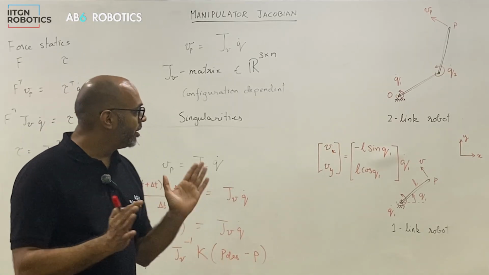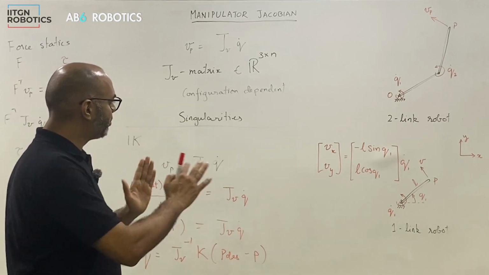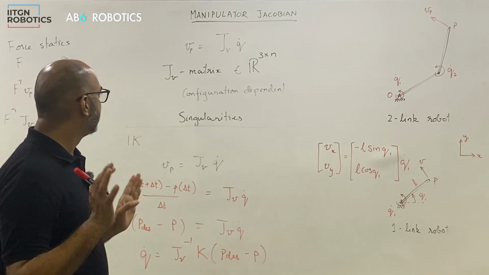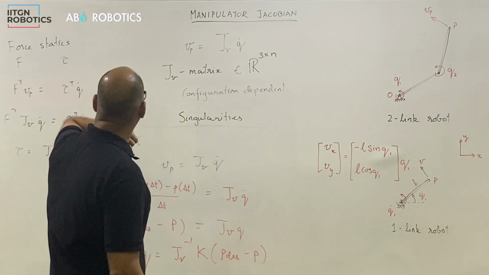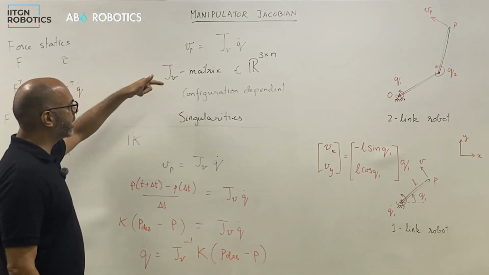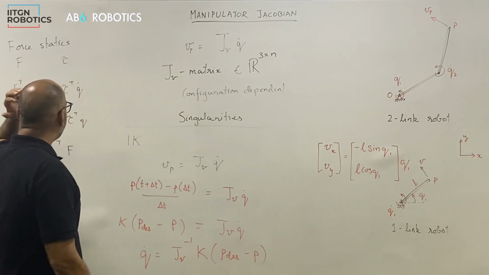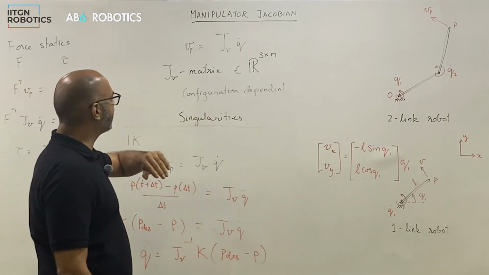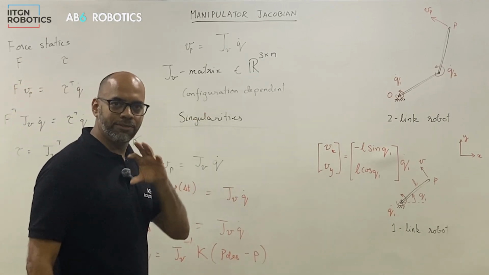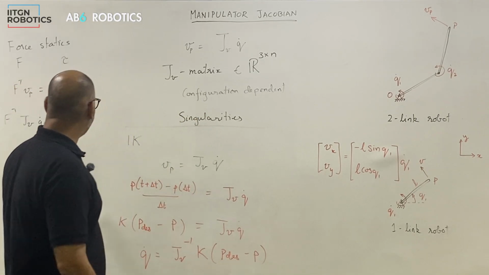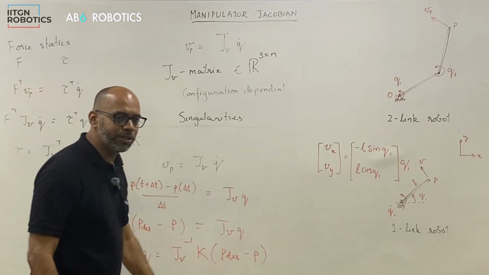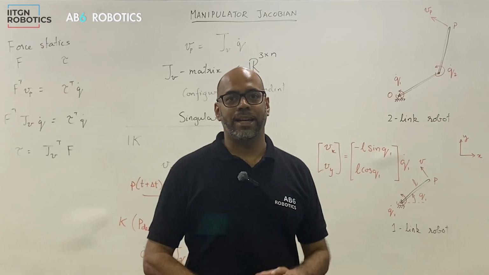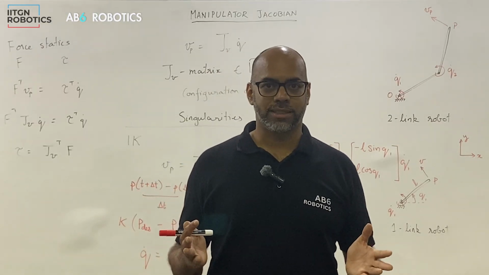So with that, we have seen quite a few different places in which Jacobian is used, relationship between joint velocity and end effector velocity. We've seen that it's a matrix that is configuration dependent. It can be used to analyze various things, including seeing where the singularities are. It plays a prominent role in force statics, and it is also used in inverse kinematics algorithms.